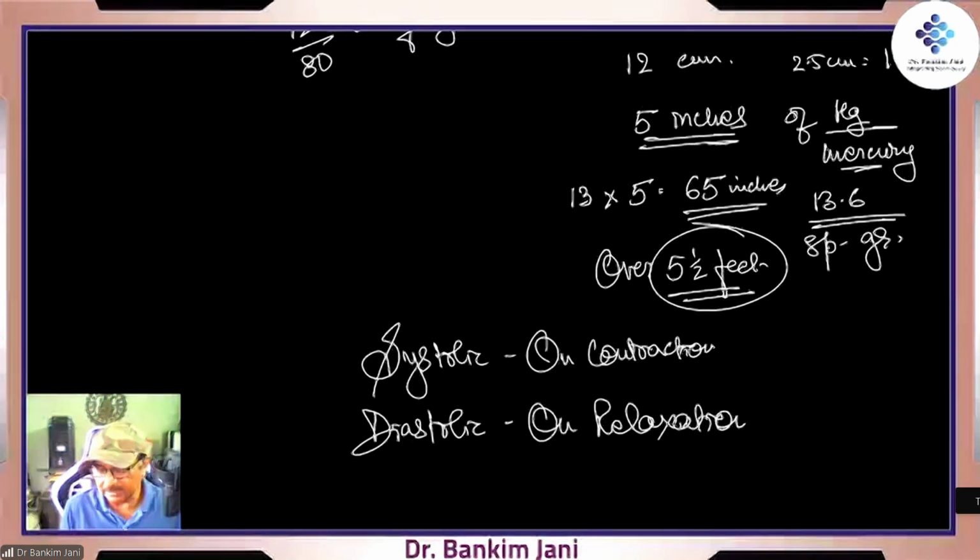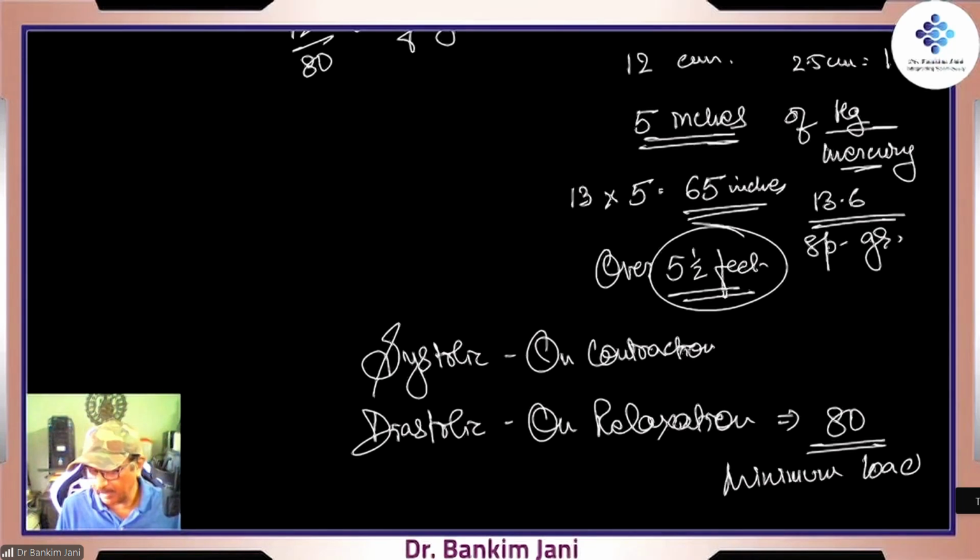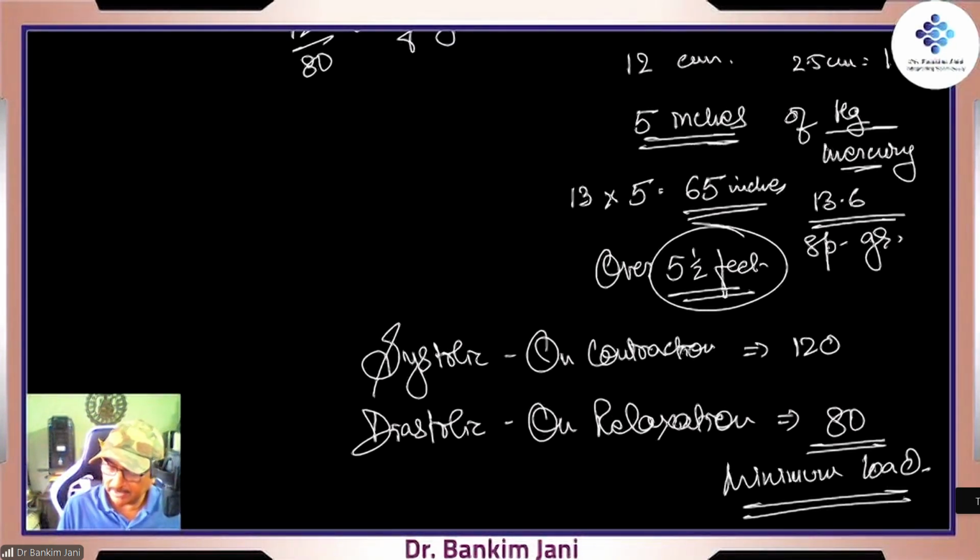So when diastolic is 80, this is the minimum load on the heart. At any point of time, this is the pressure even when it is completely relaxed. And 120 is the maximum, when it is fully contracting and pumping blood further.